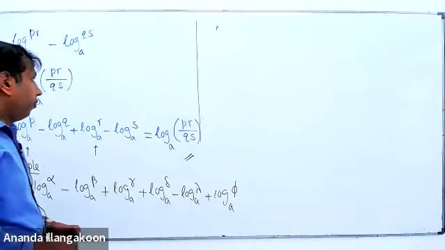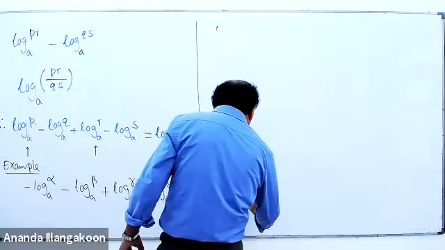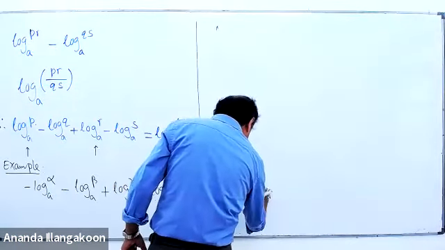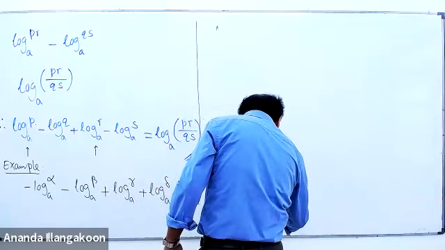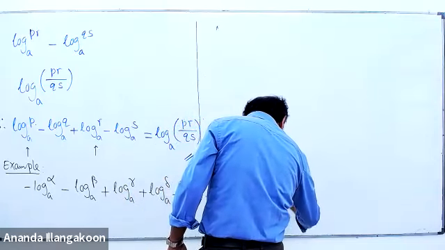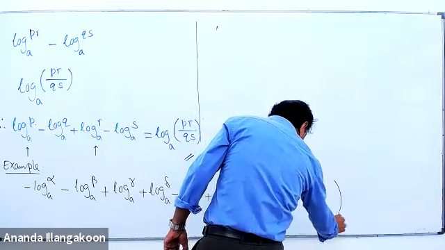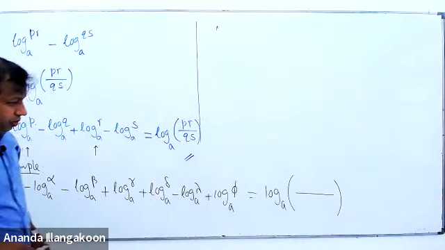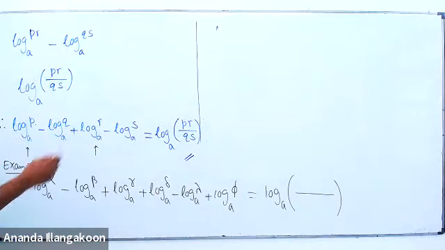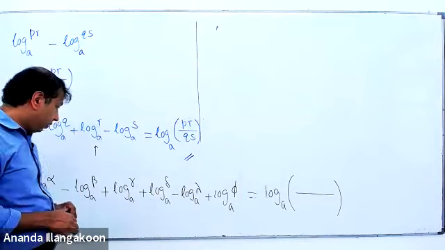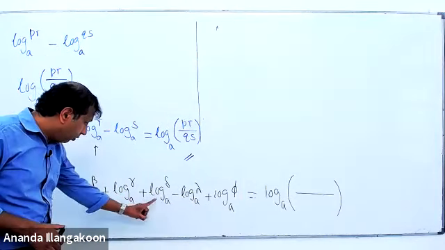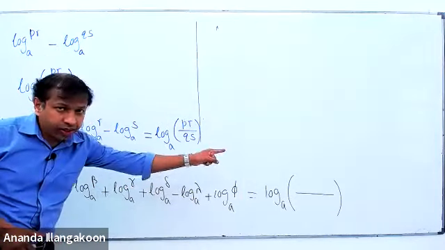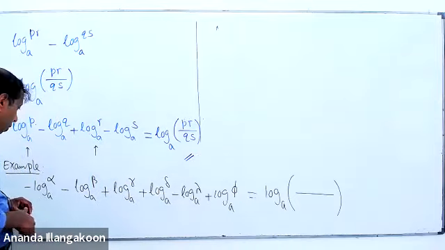Now we can write it like this very easily. Log base C, we write a bracket, and within the bracket, numerator and denominator. We told for the numerator what values we get: of the positive log terms, the numbers only come into the numerator as a product. So what are the positive log terms?